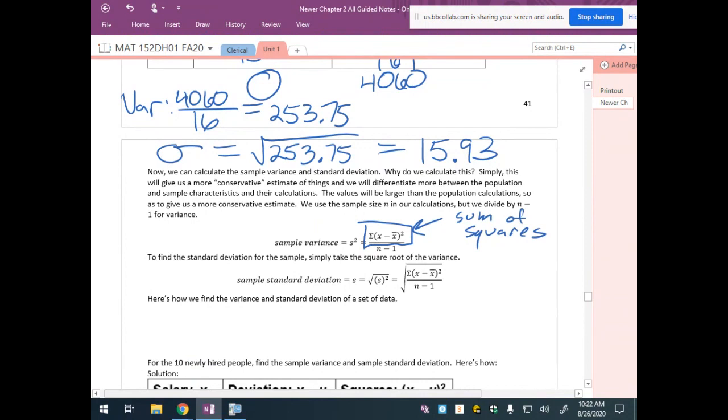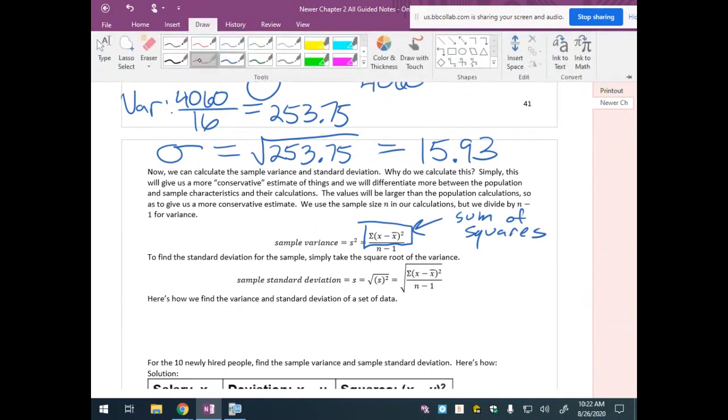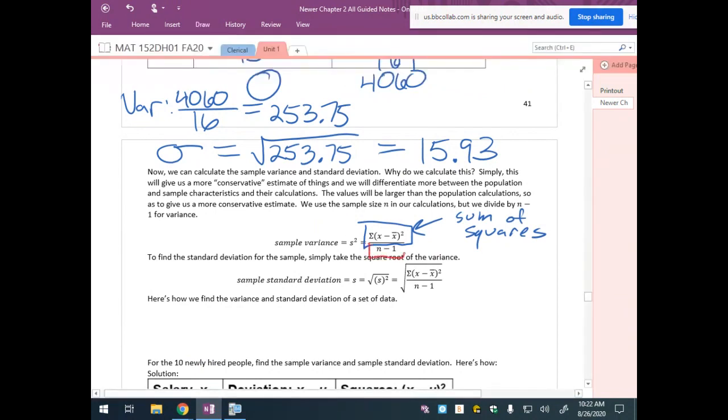But basically, this means sum of squares, the same exact sum of squares that we calculated before. But instead of dividing by the sample size or population size, it is one less.